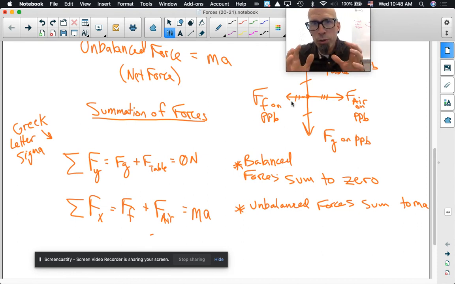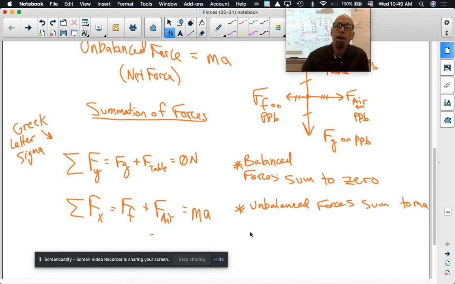So when you take everything happening in the positive direction plus everything in the negative direction, the net result, the net force, or the unbalanced force, is equal to the ping pong ball's mass times its acceleration. Mathematically, algebraically, that's what this whole balanced and unbalanced thing means.